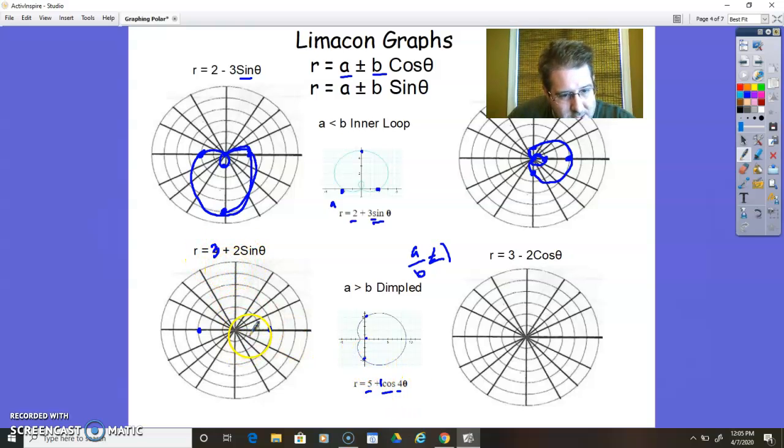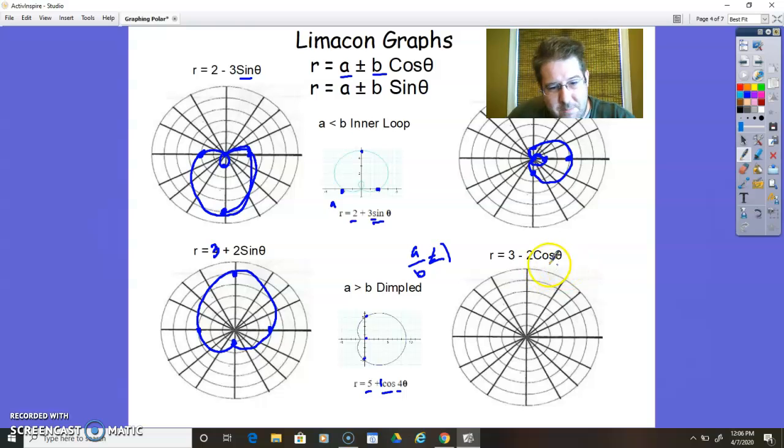Difference between these is 1, so you know the dimple is only 1 away. And 3 plus 2 is 5. 1, 2, 3, 4, 5. Now, if you can find those key points, the rest is just your artistic ability of drawing, which is... Okay, that'll work. That's the best I can do there.